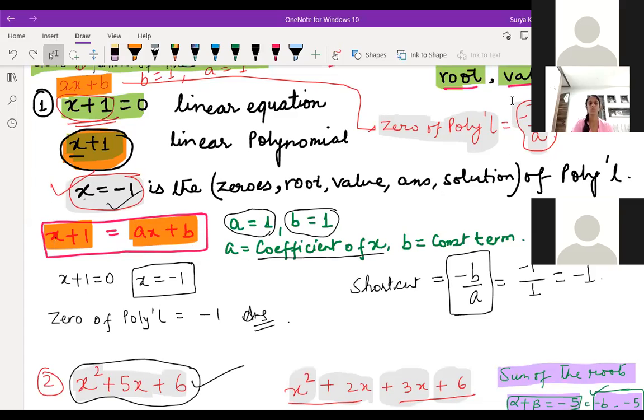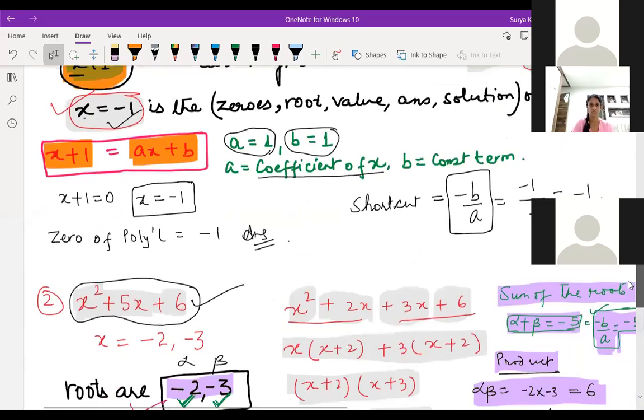If it is 3, you get 3 answers. Understood? In a linear polynomial you have x to the power 1, so you will get only one root, or one solution. Is it clear, children? Now we are going to the second part, quadratic polynomial.